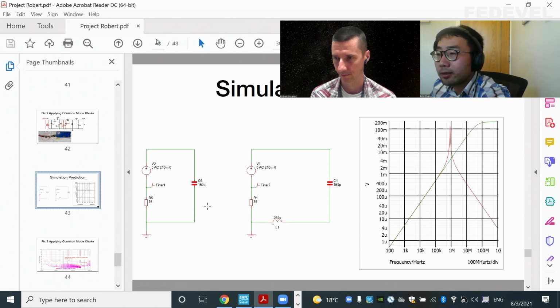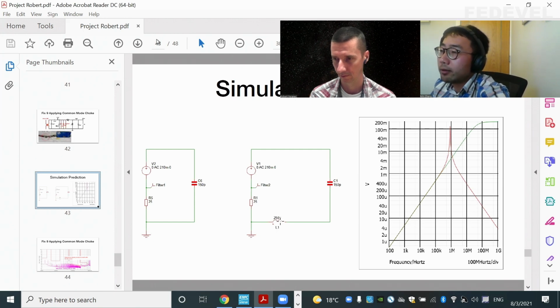So the first case is I didn't use any common mode filtering. I just have a 150 picofarad capacitor connected here. And in the next one, I introduced a 250 microhenry inductor.